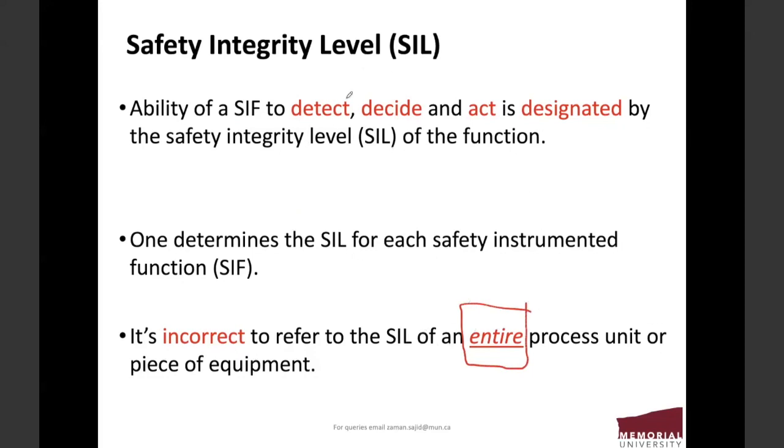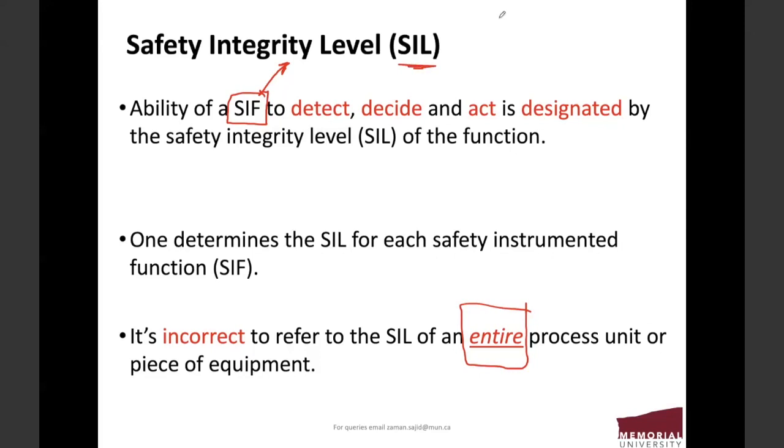When you are talking about a SIF, safety instrumented function, we identify its level. It is like a unit of a SIF, in very layman language. We identify the level of our safety instrumented function in terms of SIL.